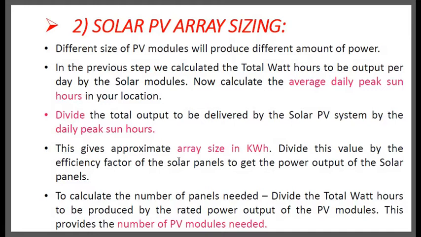Divide this value by the efficiency factor of the solar panels to get the power output of the solar panels. Then to calculate the number of panels needed, divide the total watt hours to be produced by the rated power output of the PV modules. This provides the number of PV modules needed for the particular solar PV sizing system.